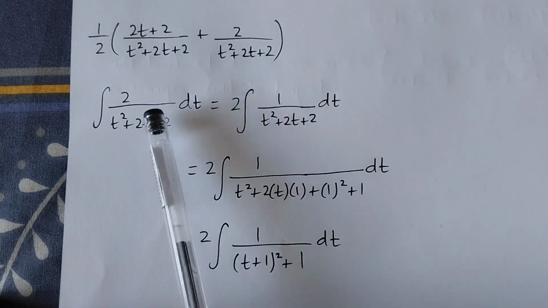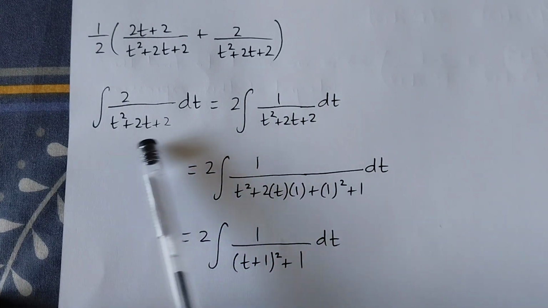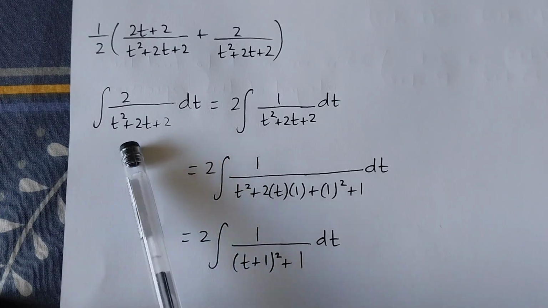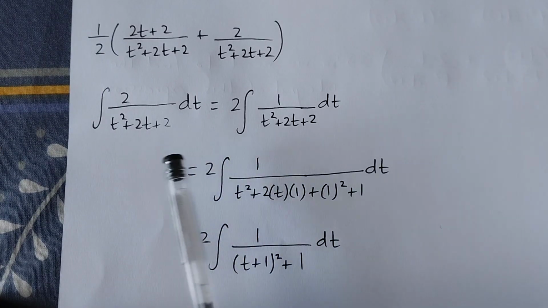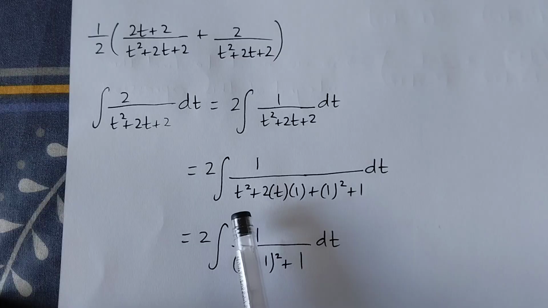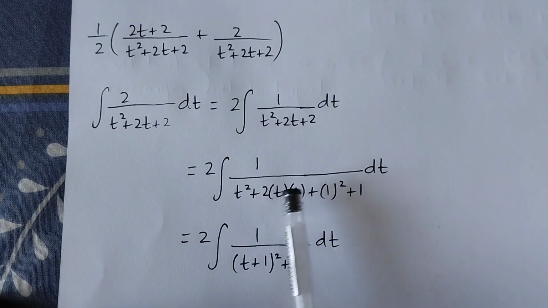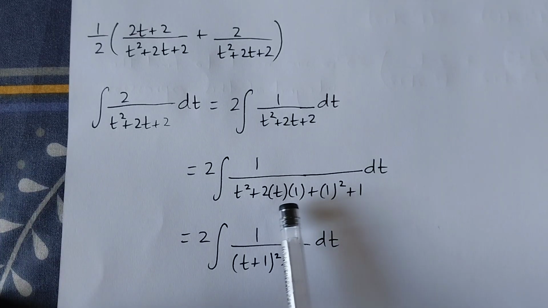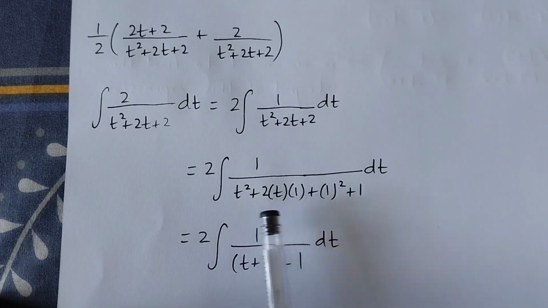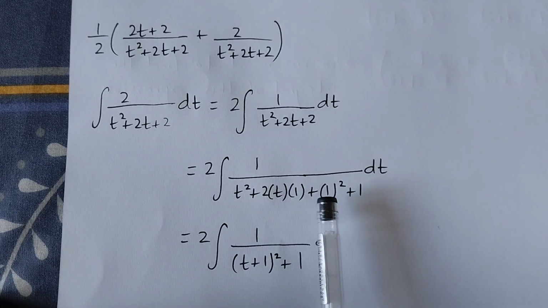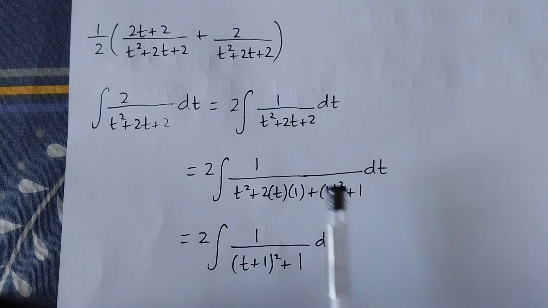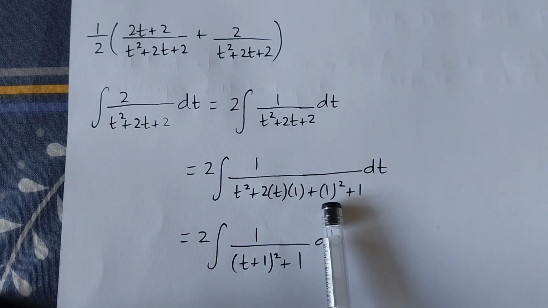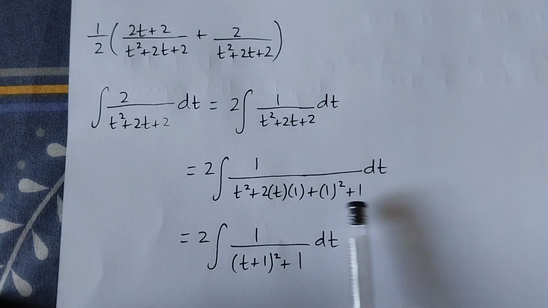So I'm writing the integral of 2 over t square plus 2t plus 2. We can complete the square in the denominator, taking t as a and 1 as b, because we have 2t here, so we need to make this 2t, and for that we have to take 1 as b. So it becomes a squared plus 2ab plus b squared. b is 1, and we need to make this 2, so 1 squared plus 1 is 2.